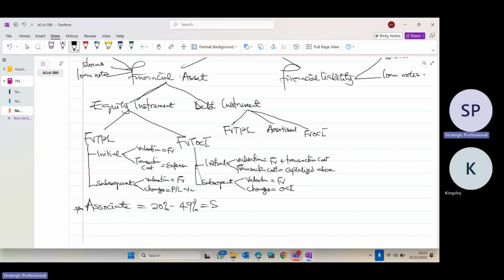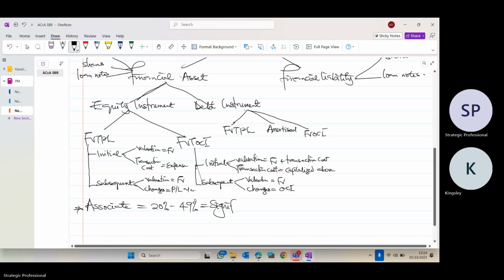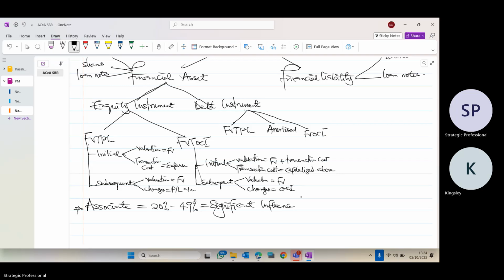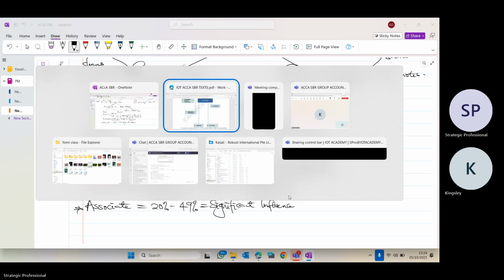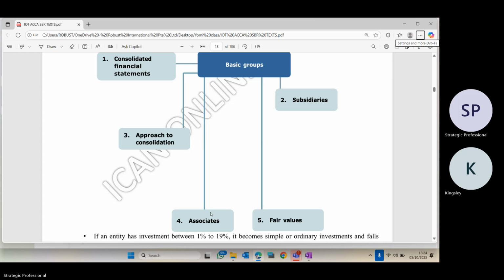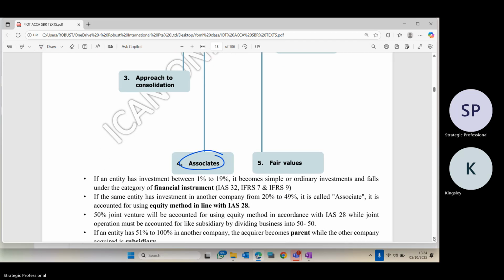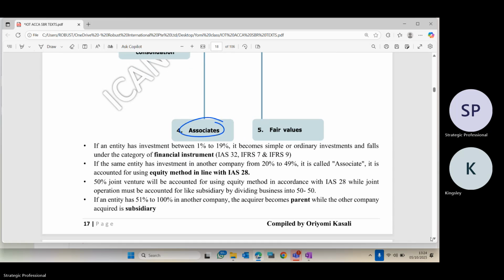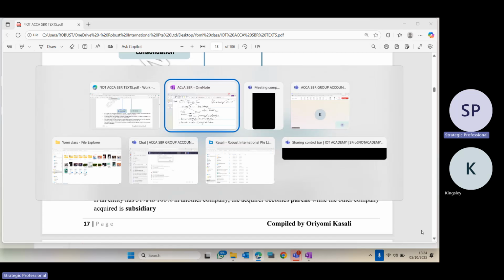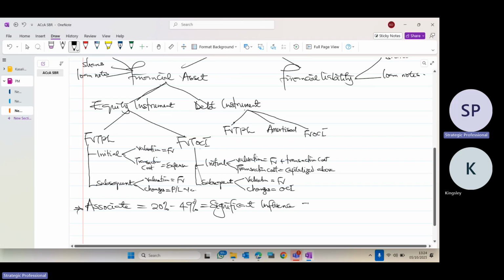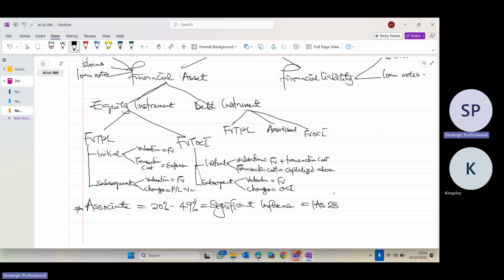Okay, so let's write significant influence. And for the significant influence for the associate, we actually use IAS 28, IFRS 3, and the likes.